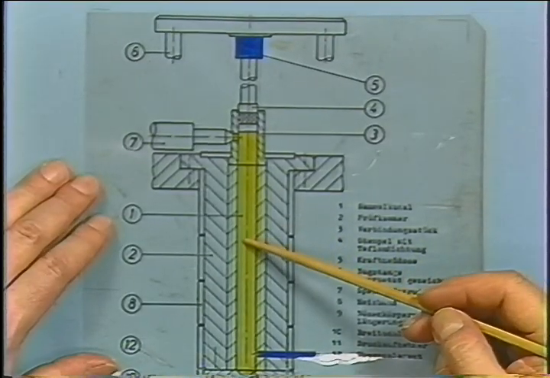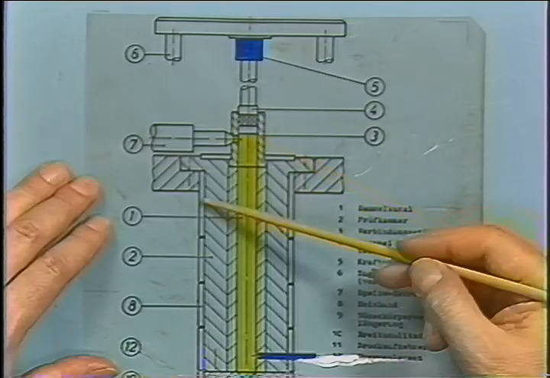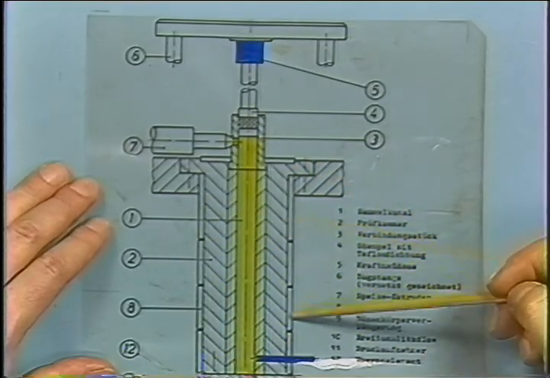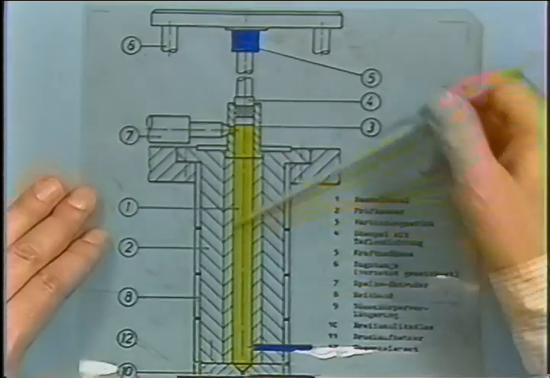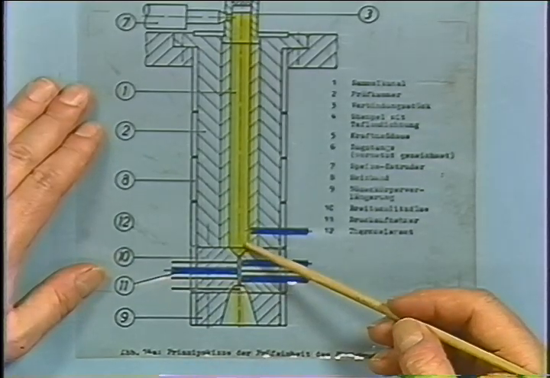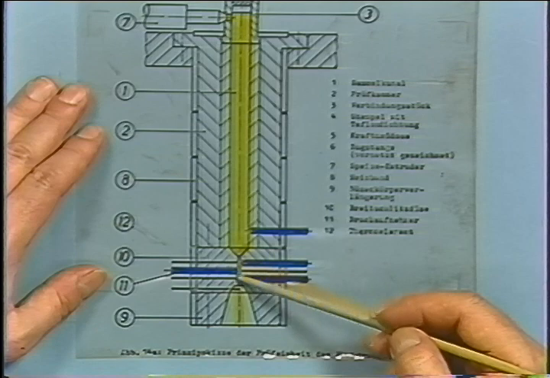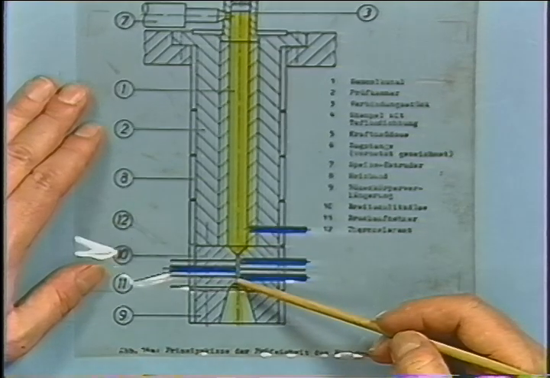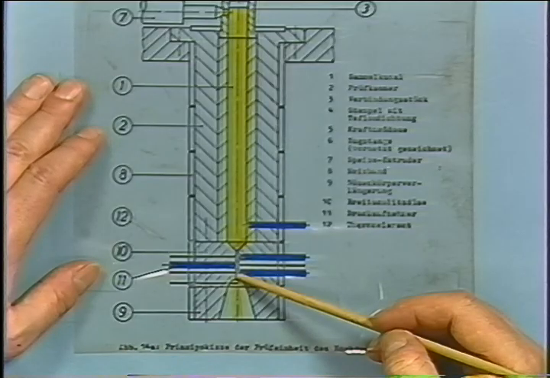The sample is contained in a cylindrical cavity, and this cavity is heated. There's temperature control around here. A piston displaces the sample. It's really pushing the sample down, and on the bottom you can see that this reservoir is connected to a die, to a channel of very small diameter. This might be a capillary of circular cross-section or might be a narrow slit.